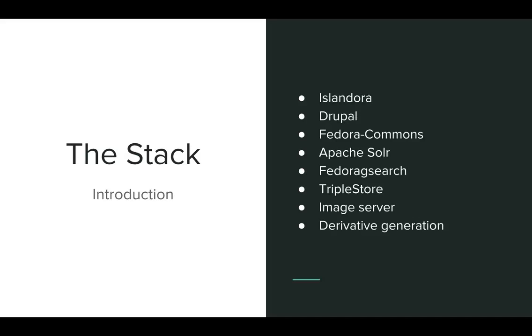I mentioned derivative generation. When I say that as a part of the stack, it's actually referring to all the various binaries and open source applications that we use in order to generate derivatives, depending on what content models you're using. Some examples include FFmpeg if you're doing video, Tesseract if you're ingesting books, and FITS.